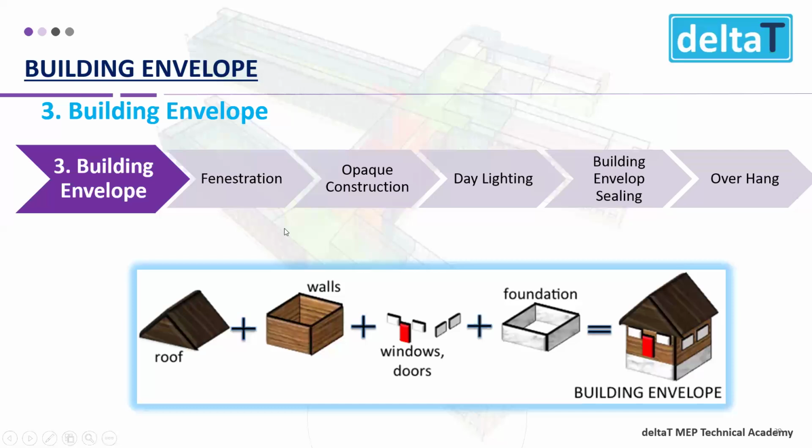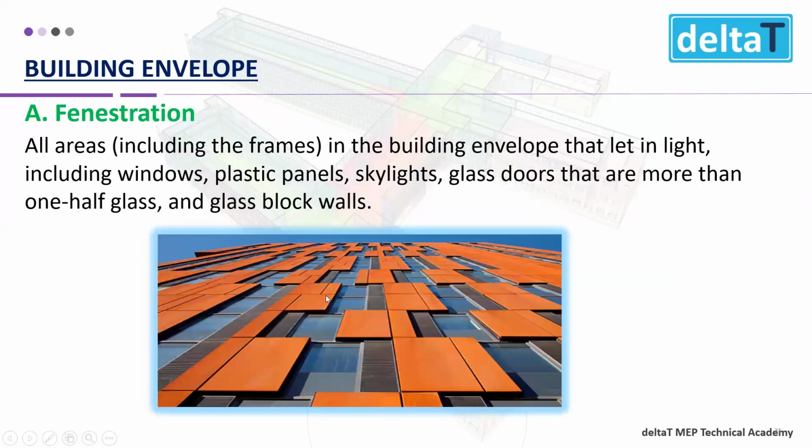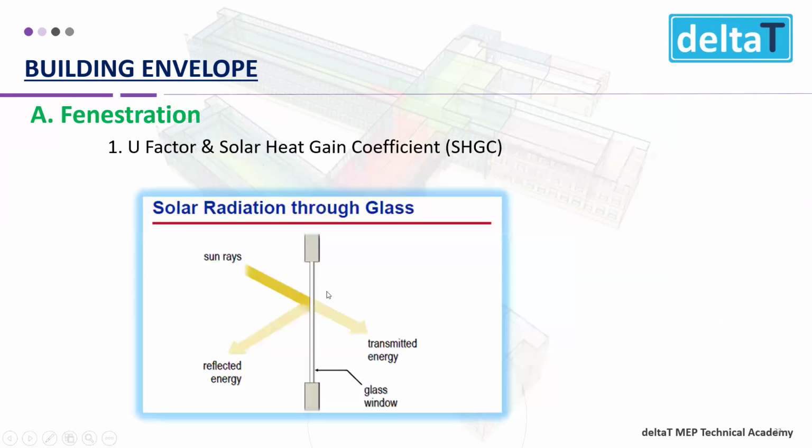So we have fenestration, opaque construction, daylighting, building envelope sealing, overhang. Fenestration means the glasses, through which light transfers. So we have to select proper glass. In this, the light should transfer more, but heat should not transfer more. So that is about fenestration.